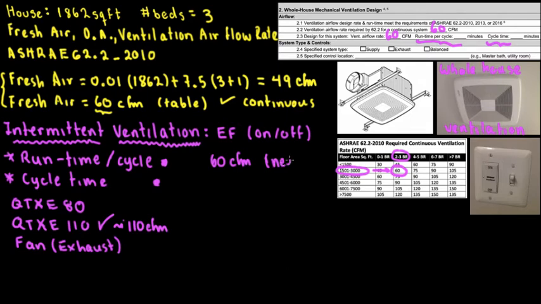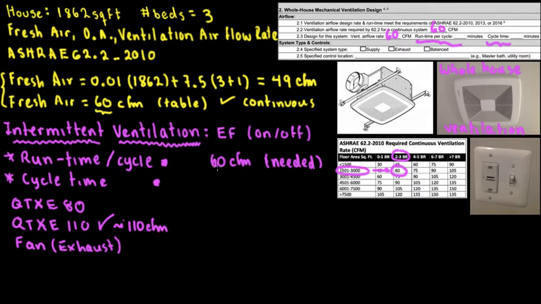Who says that? ASHRAE 62.2, the 2010 version, because 2013 and 2016 will ask for more CFM. I'm also going for the higher exhaust fan because sometimes the installation is not perfect, most of the time it's not perfect. So this is under good conditions, and we have more buffer and more CFM, which is better.